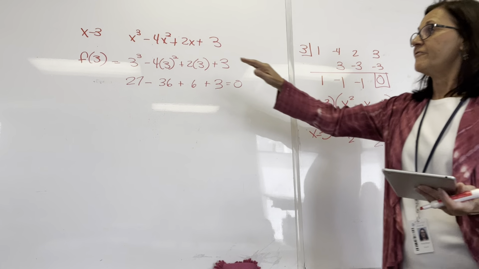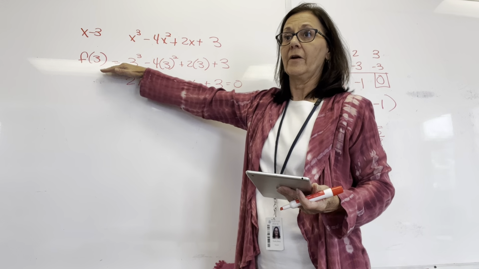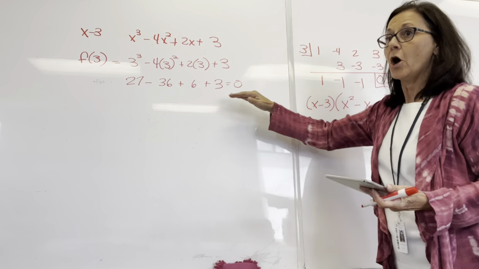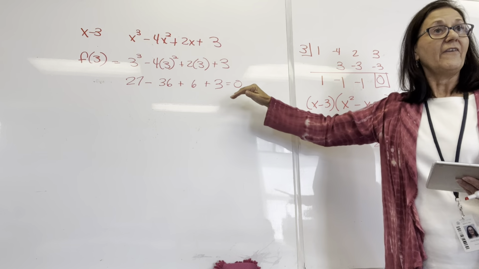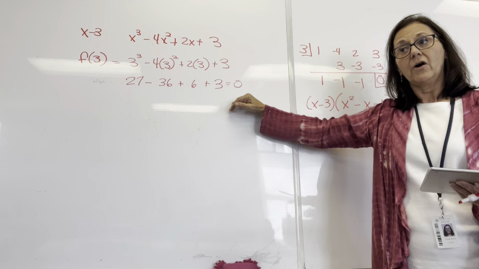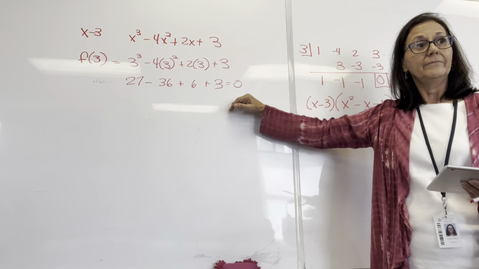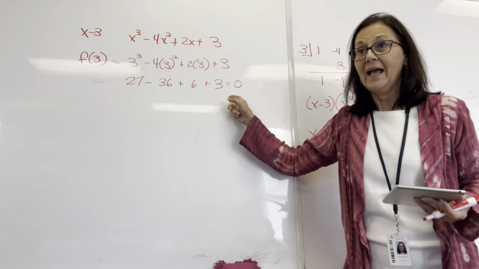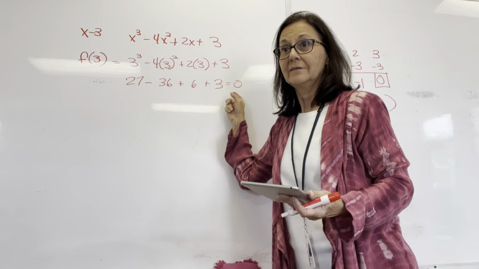By using the factor theorem. This is the factor theorem. Once I plug in that, I know that it's a factor. If I don't get 0, then what do I know? That's the, say it, remainder. And it's not a factor.